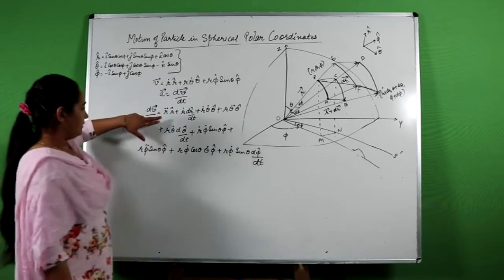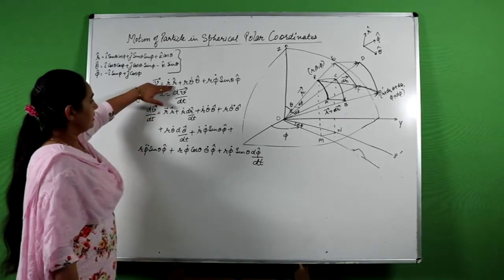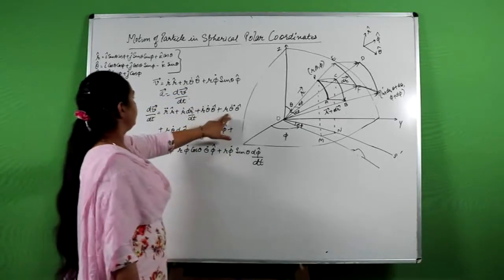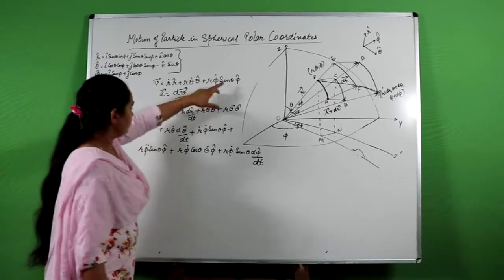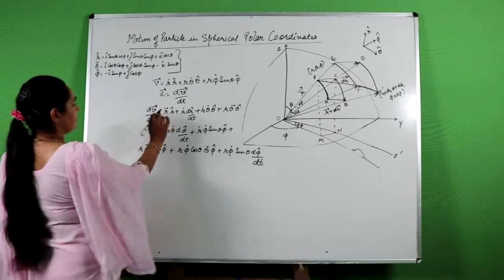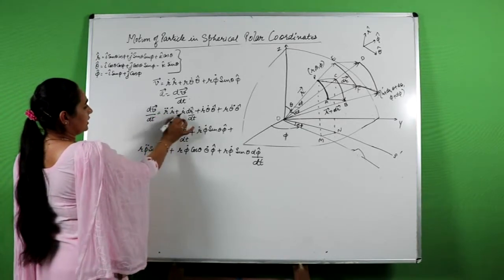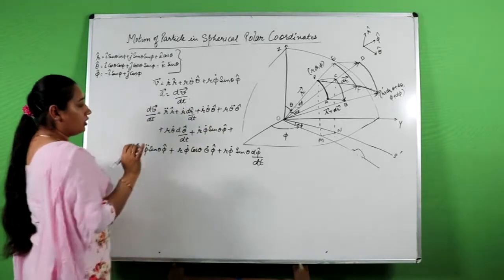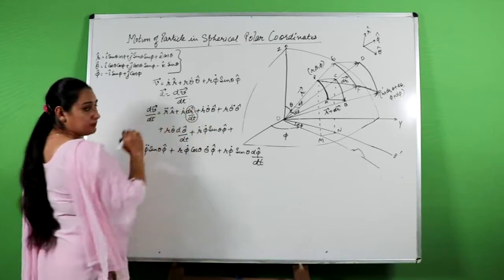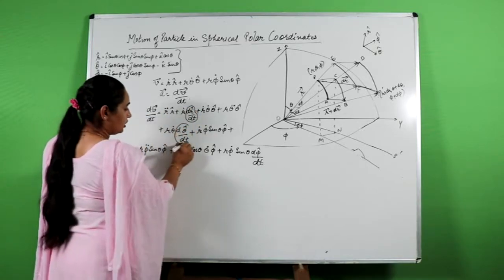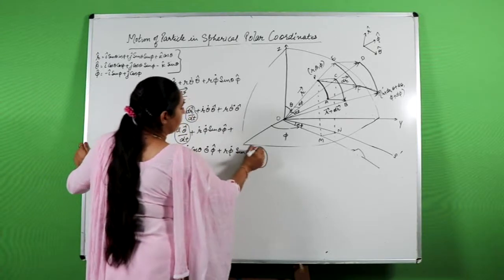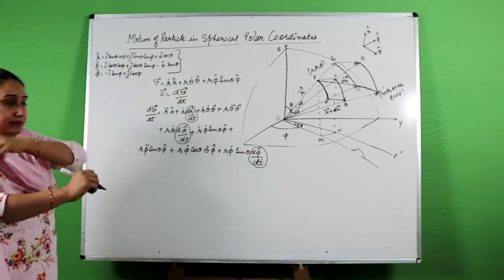So if I see, the first term will give me 2 terms after differentiation, this will give me 3 terms after differentiation, and this will give me 4 terms after differentiation. Now these are understood: r double dot, r dot, r dot, theta dot. Now what is the challenge? The challenge is to find the value of dr cap by dt, d theta cap by dt, and d phi cap by dt.